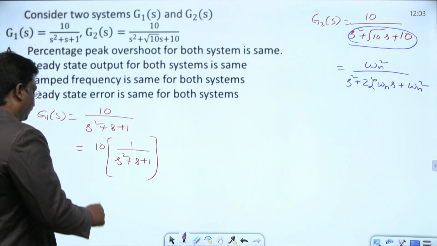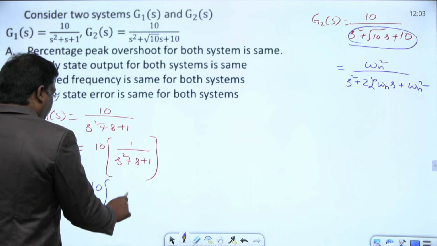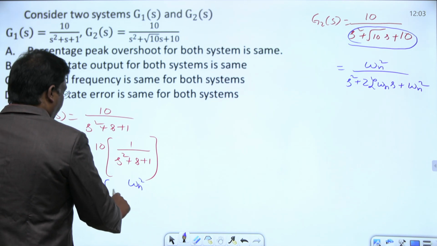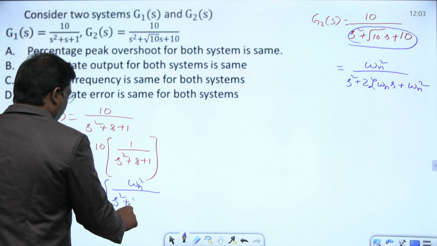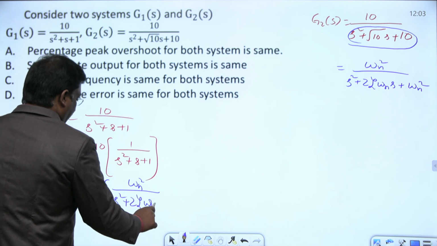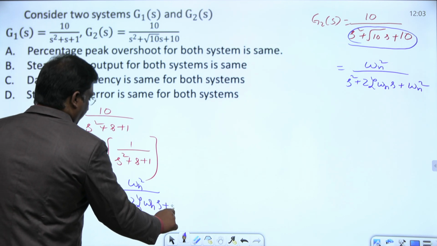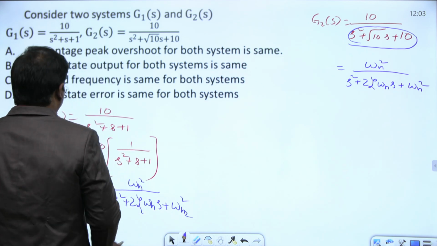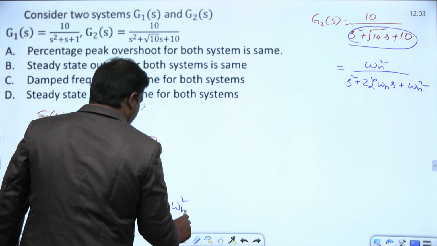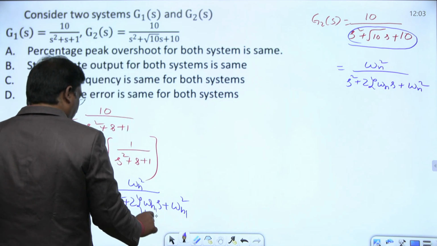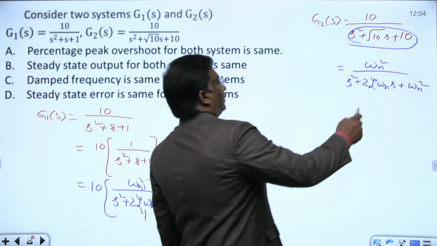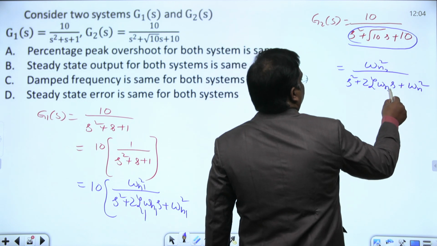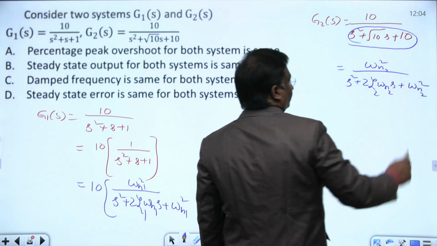Here also the same, 10 into omega n square by s square plus 2 zeta omega n s plus omega n square. For the first system, let us take zeta 1, omega n1. For the second system, zeta 2, omega n2.